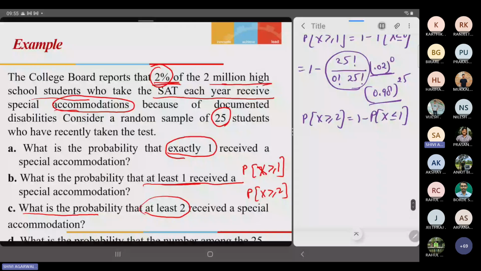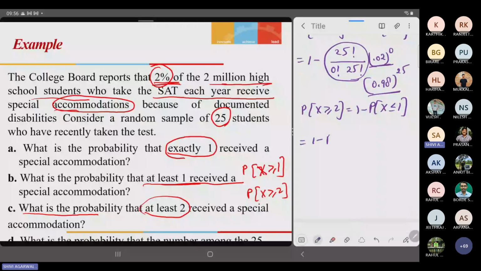Probability when x is equal to 1 is what? 1 minus probability when x is equal to 0 minus, or you can say like this, probability when x is equal to 1. When we take less than 0, it means only 0.